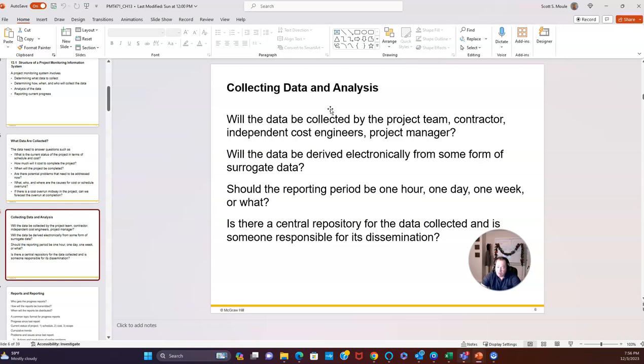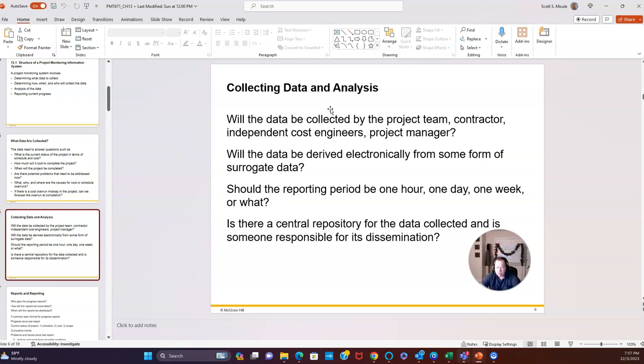And then, a lot of companies, and we'll talk a little bit more about project maturity of a company, have central repositories where all of these metrics are located for ongoing reviews.